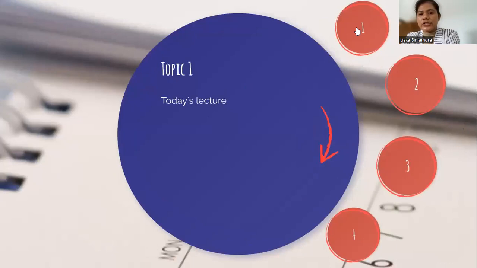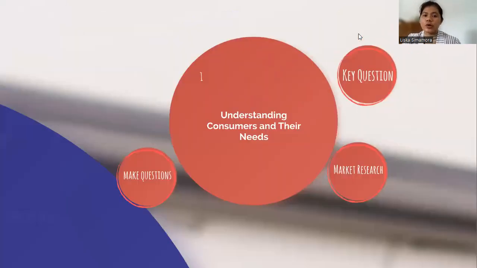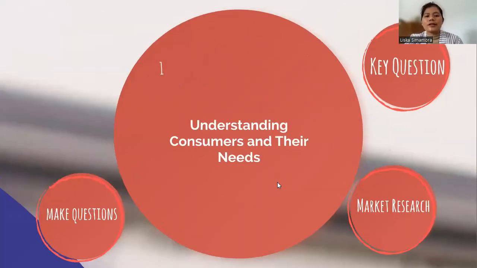So today's lecture, we have four main topics. Let's go for the first one: to understand the consumers and their needs. This topic we have discussed actually in chapter 7, but we will go more in this chapter.